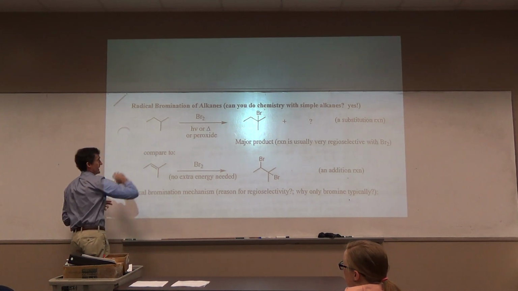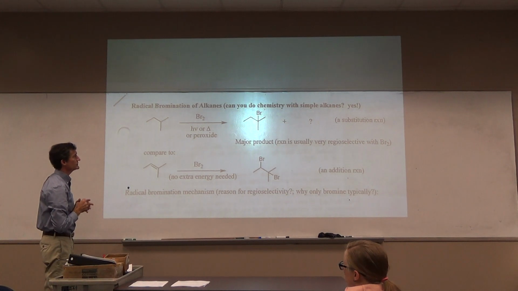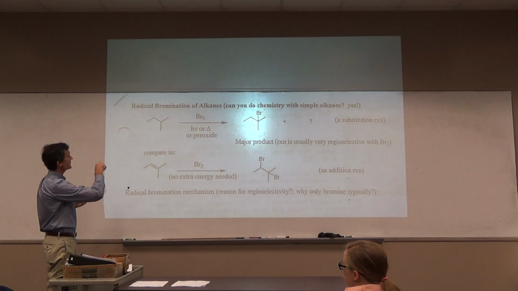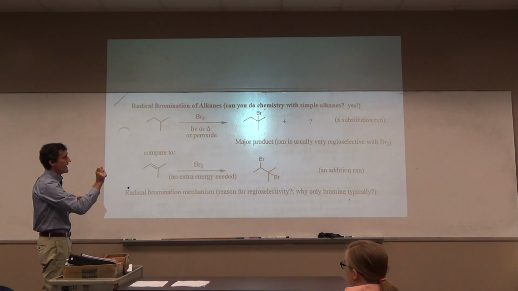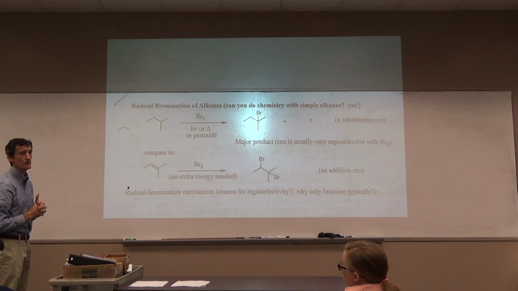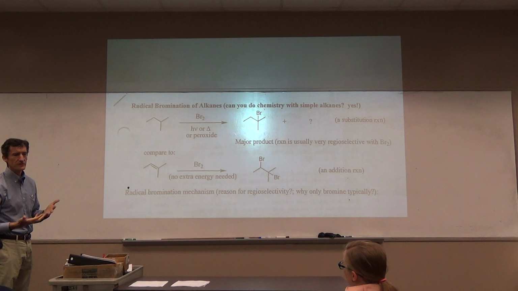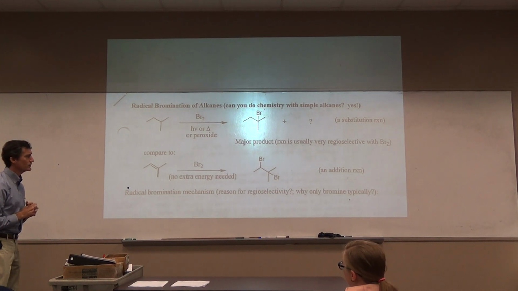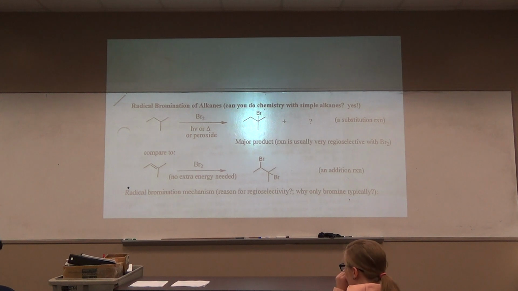Other than burning alkanes to heat your grill or your house, the other most common reaction is radical halogenation. More specifically, it tends to be radical bromination. With bromination, you can get a good yield because of the thermodynamics. With chlorination and other halogens, it's more difficult and the yields are not as good.